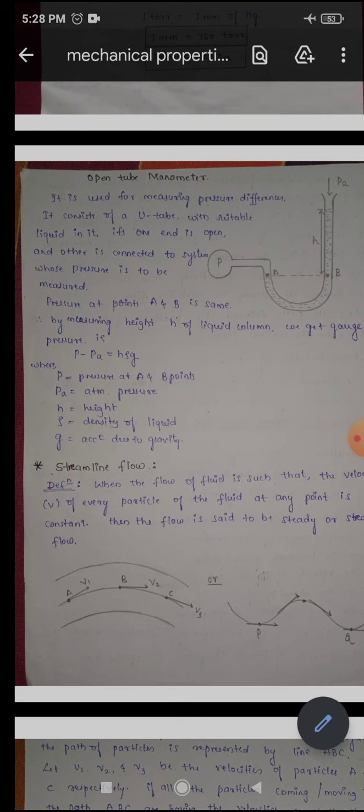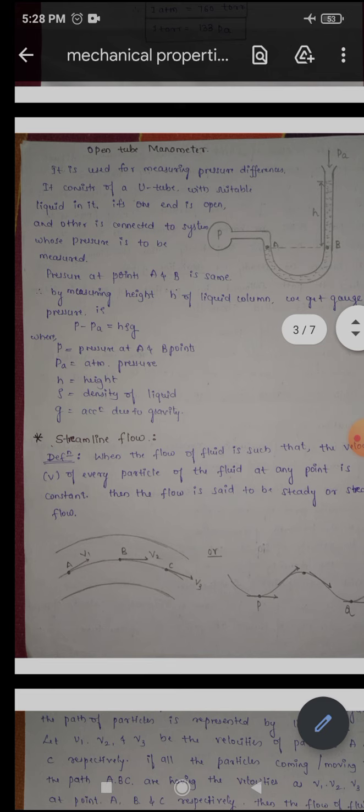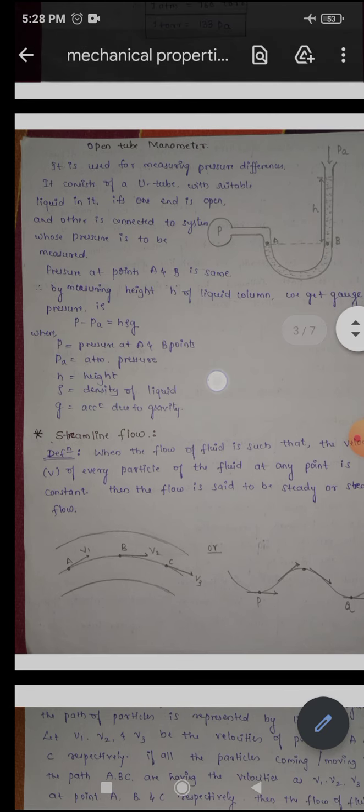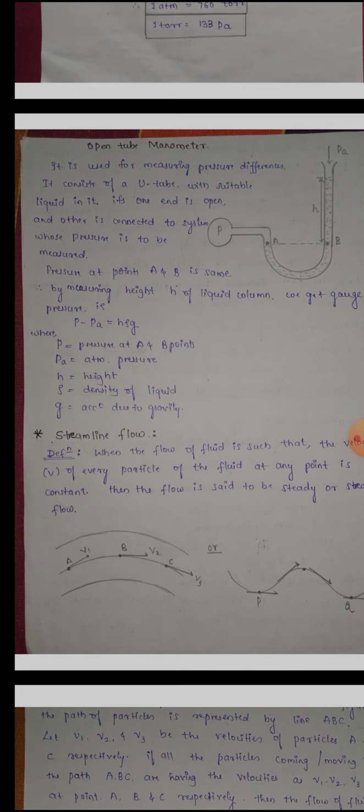And if we want to calculate the large pressure differences, then at that time we use the higher density liquids like mercury. So we are using a suitable liquid in this, and its one end is open and another end is connected to the system whose pressure is to be measured.